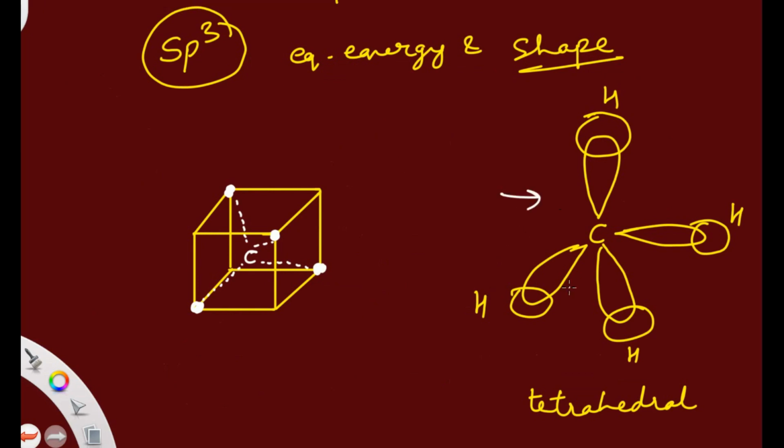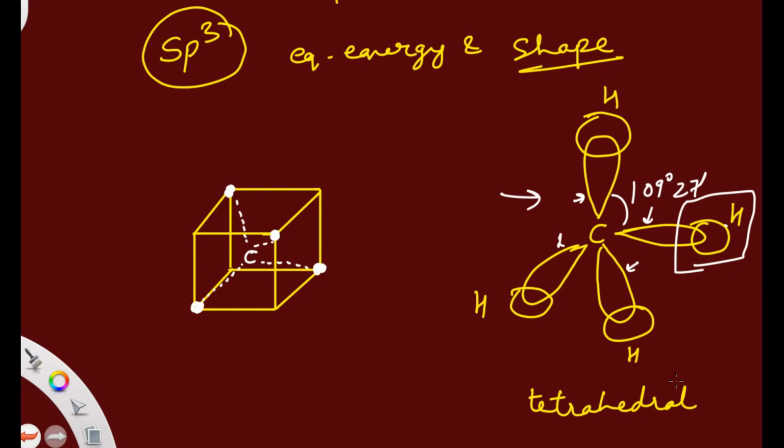This is the shape of sp3 hybrid orbital that we can draw on a piece of paper or in 2 dimensions. These are the 4 hybrid orbitals, and each hybrid orbital is of equivalent energy and shape. By shape it means the angle between the two is equal, that is 109 degrees and I think 27 minutes. And each hybrid orbital is bonded with one hydrogen atom.